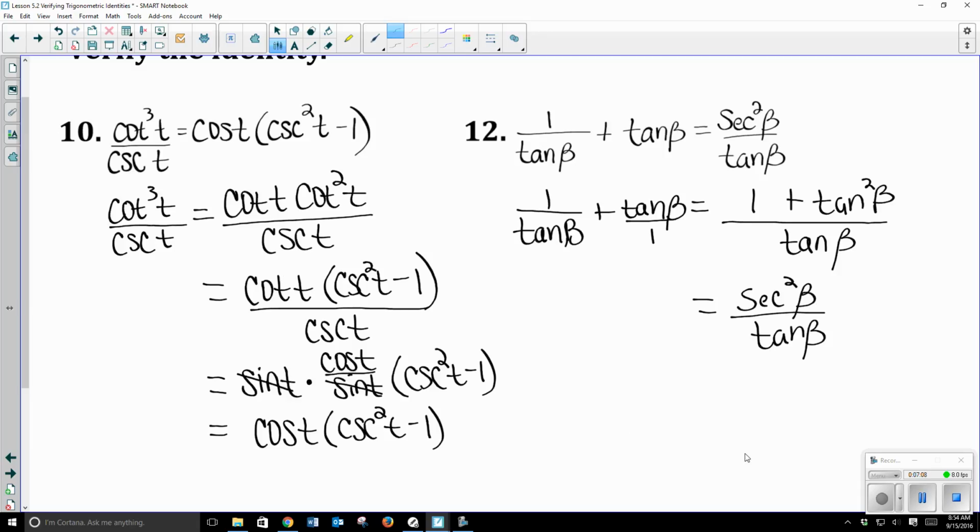Little trick here I'll show you on adding fractions. Let's say you've got 1/3 plus 3/4. And this is what I actually did whenever I multiplied the 1 over tangent beta plus tangent beta.